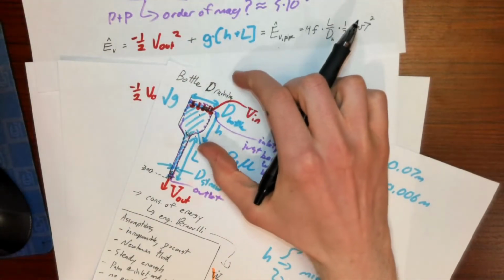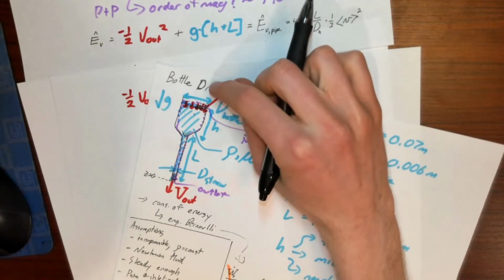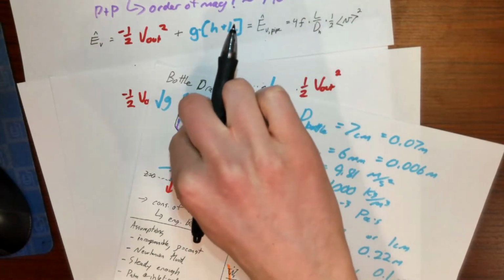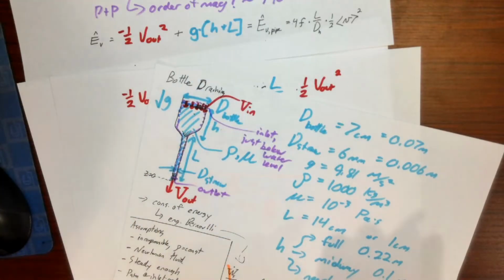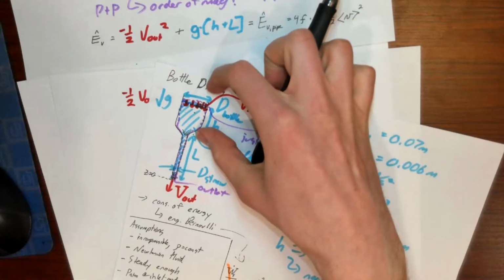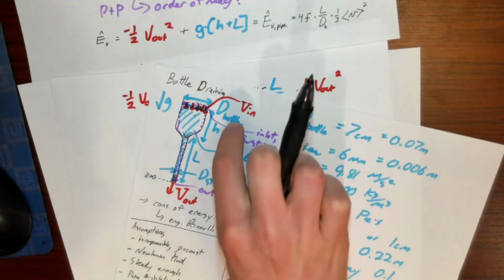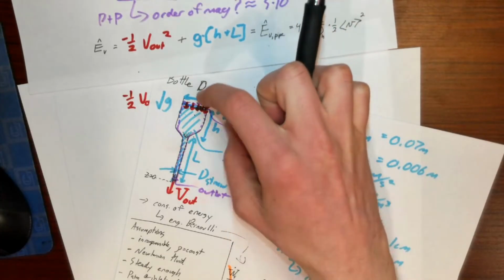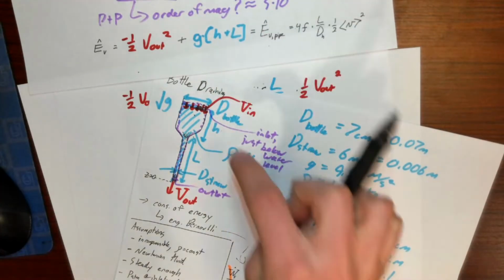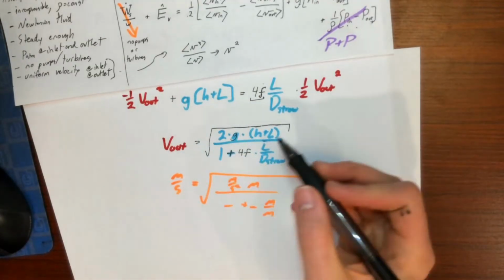If we have a deeper fluid here, then we have more pressure pushing that fluid along. If H is higher, then the fluid starts with more potential energy before it exits the entire system. So the bigger H, the bigger Vout.